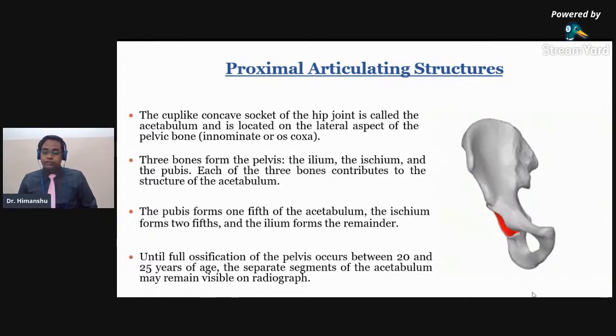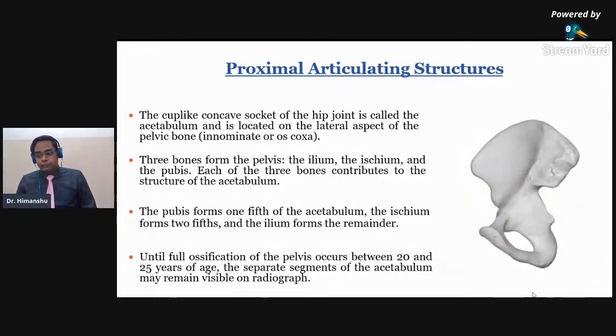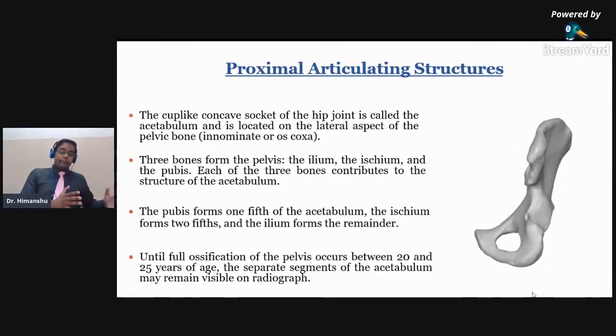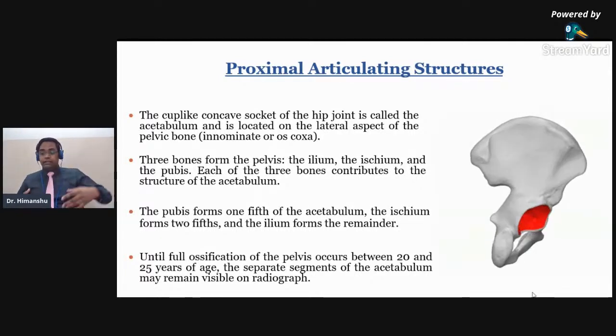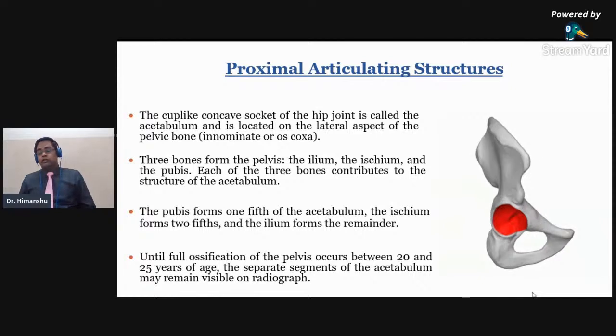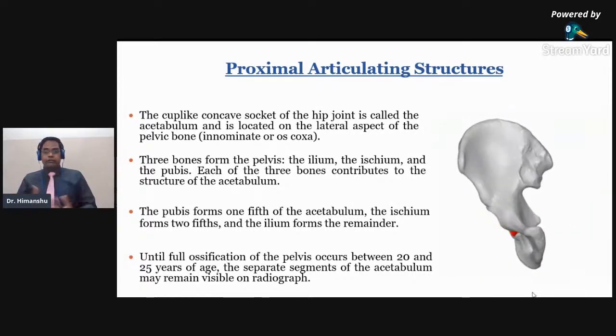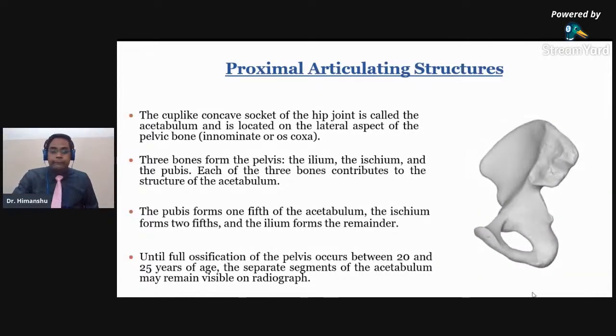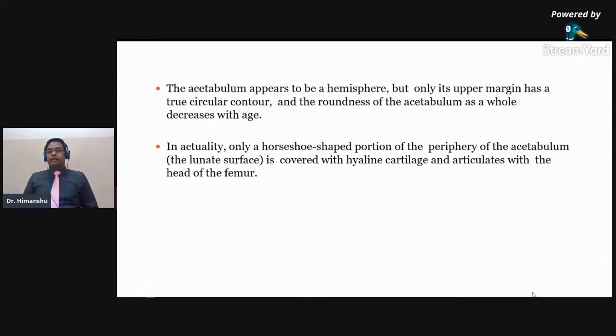So if you take an MRI or a CT scan of the acetabulum before the age of 20, you might see the 3 different bones without ossification. All right. The acetabulum appears to be a hemisphere, but only its upper margin has a true circular contour, and the roundedness of the acetabulum as a whole decreases with age.